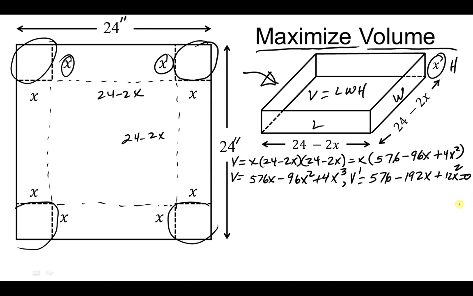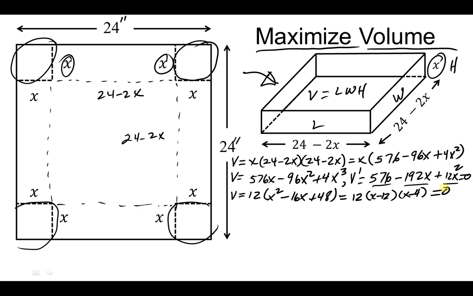Now factoring this, and factoring a 12 out, we get 12 times x squared minus 16x plus 48, which factors into 12 times x minus 12 times x minus 4.